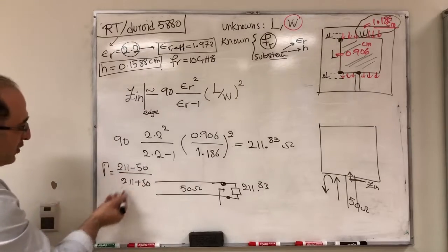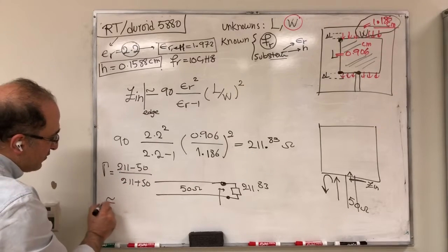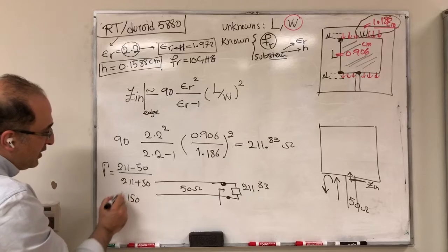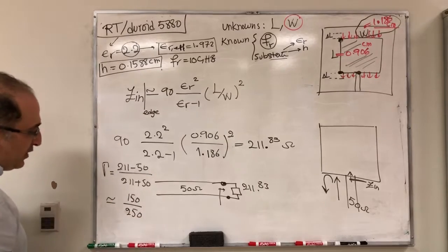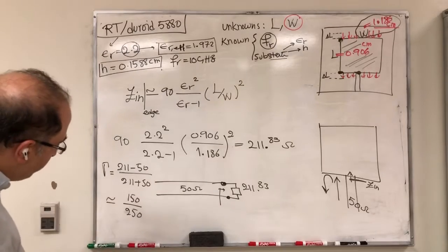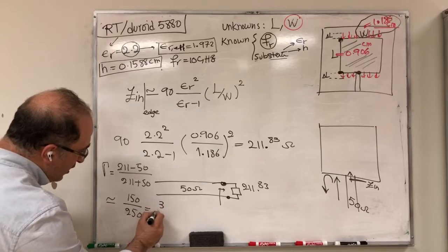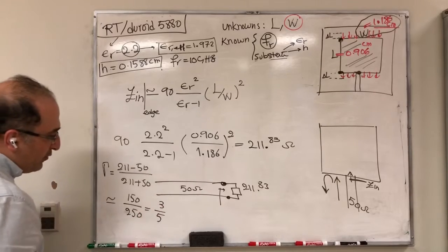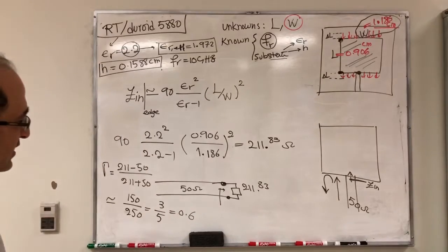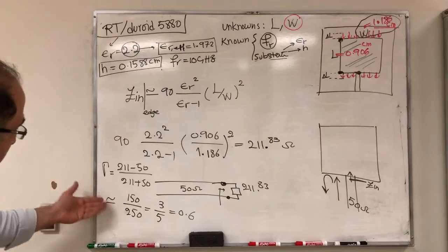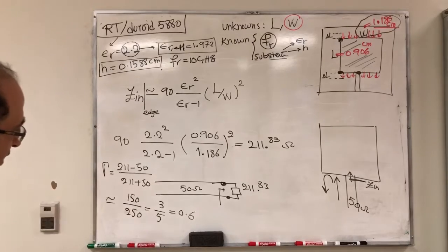Just for the sake of approximation, let's say this is 200. 200 minus 50 would be 150. 200 plus 50 would be 250. If I divide by 50, I get 3 divided by 5, which is 0.6. So I have 60% reflection if I did this approximate calculation correctly.